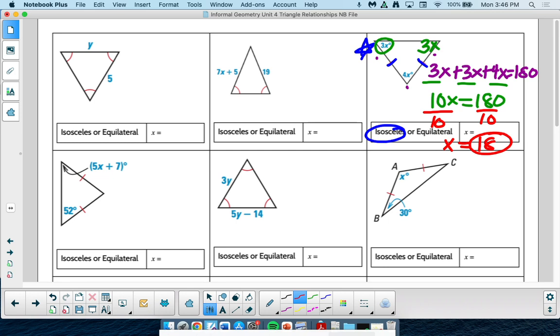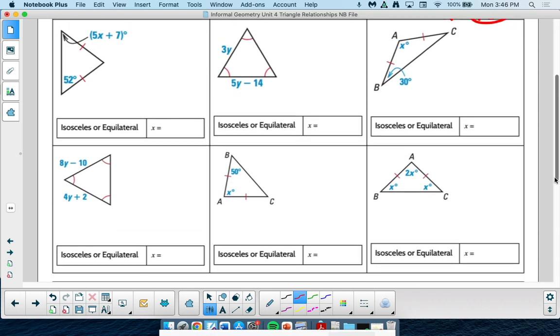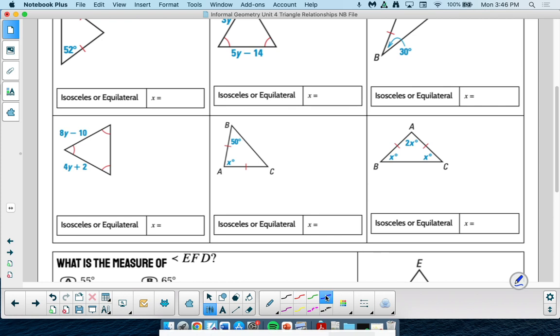Okay, I found one more, and then I'll let you be free. Okay, this one right here. So again, isosceles or equilateral? Two legs are the same, so it's isosceles. You have to find the value of x. So again, it's kind of like the one we just did, right? What does this angle C measure? Well, if this is a base angle, that's across from our legs, so is this guy right here. So it has to be 50 degrees.